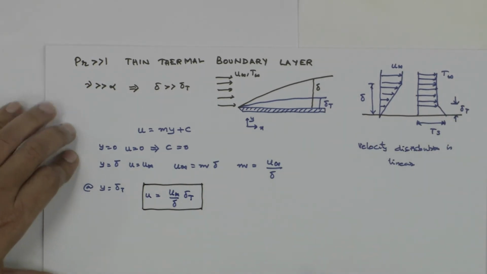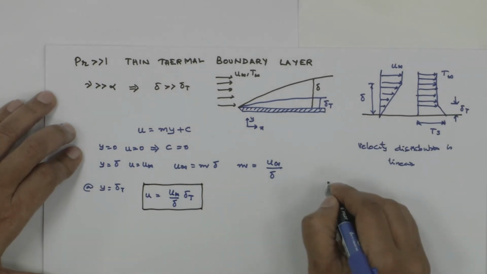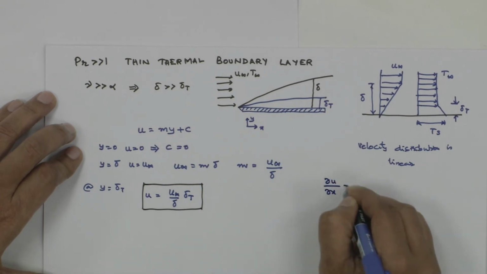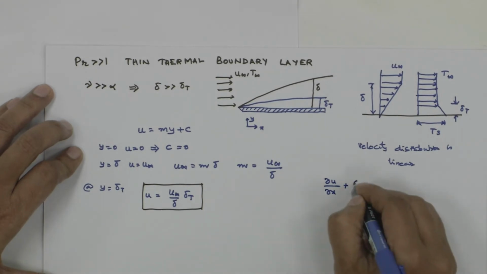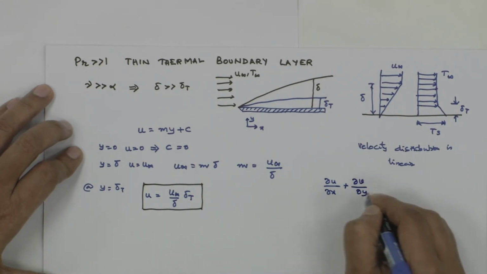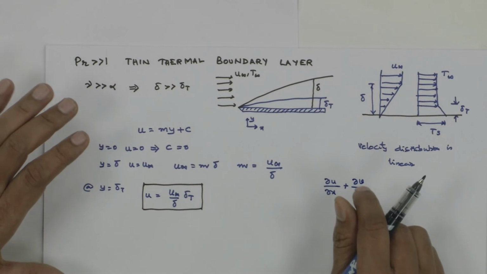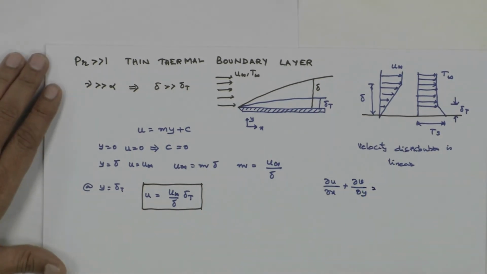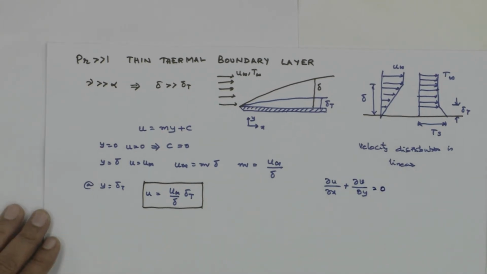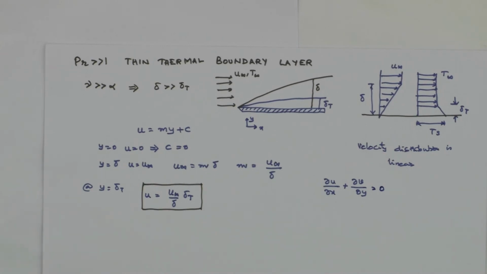Okay. So now if you take continuity equation, del u by del x plus del v by del y equal to 0.